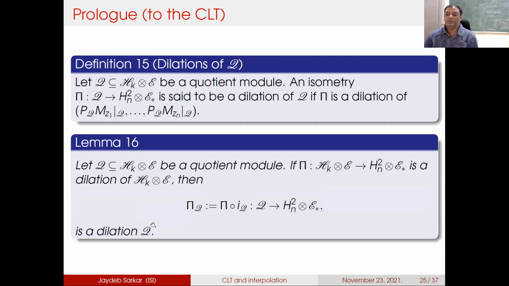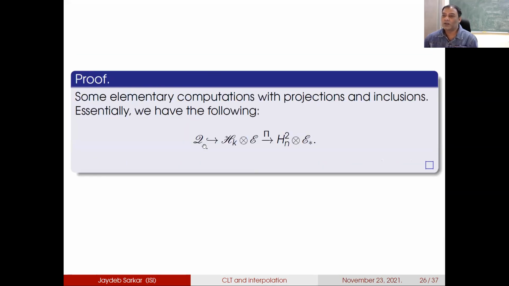And here is the lemma. Suppose Q is a quotient module and pi is a dilation of this space, HK tensor E. If that is the case, then pi Q, which is pi composed with the inclusion map, is going to be a dilation of Q. So one more time, it's very easy. You see the diagram. So here is the picture.